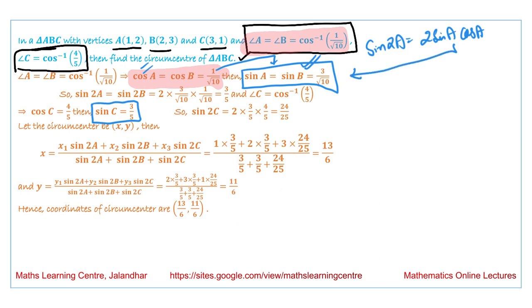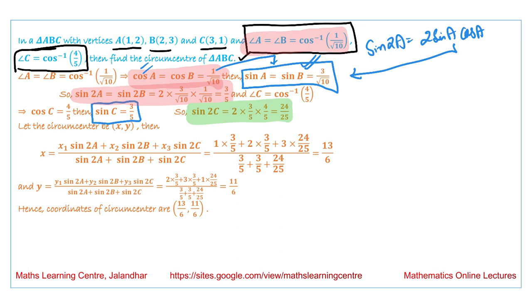The formula requires the value of sin 2A and sin 2B, which is 3 by 5, and we have obtained the value of sin 2C, which is equal to 24 by 25.